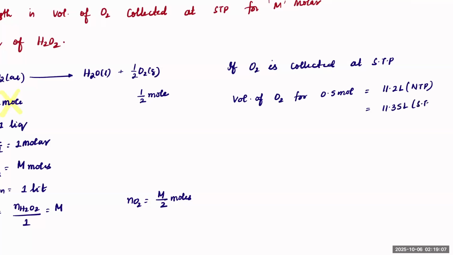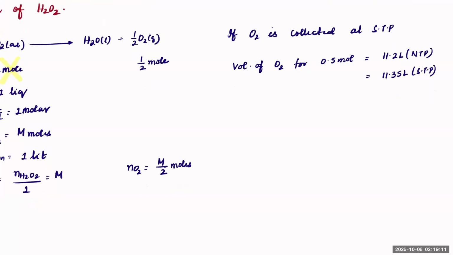Correct. NTP means 1 mole is 22.4 liters. STP means 1 mole is 22.7 liters. Correct.